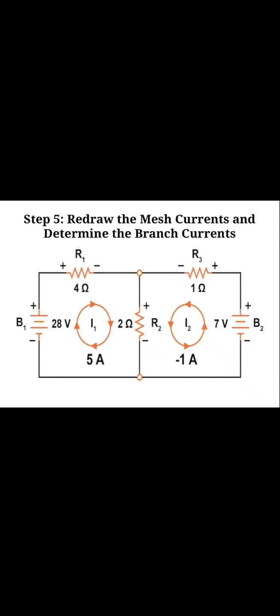Then finally the current flowing through the 2 ohm resistor is 4 ampere, because the I1 current flowing from the B1 source is 5 ampere and the I2 current from the B2 source is minus 1. So the final current flowing through the 2 ohm resistor, with two sources present, is 5 minus 1 equals 4 ampere.